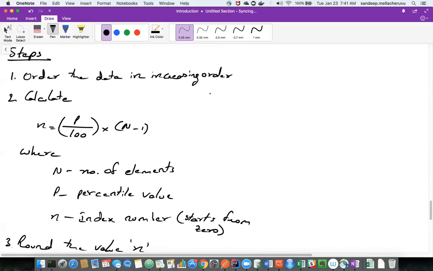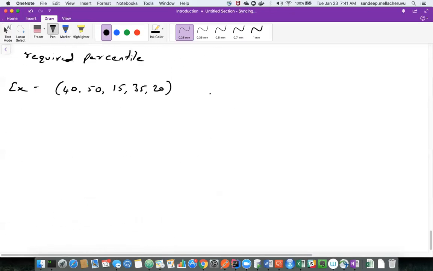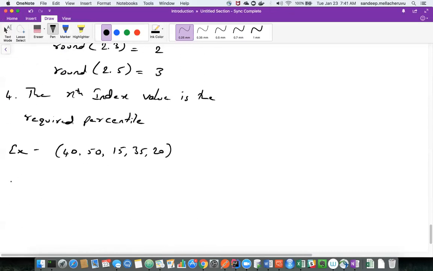Order the data in increasing order, which means that I have to sort this data, right? So after ordering, the values will be 15, 20, 35, 40, 50. These are the list of values after ordering, right?